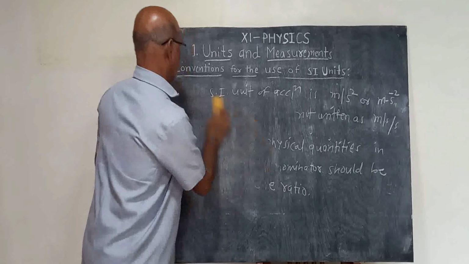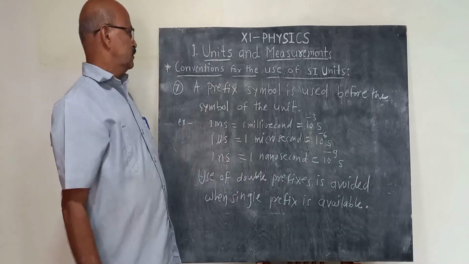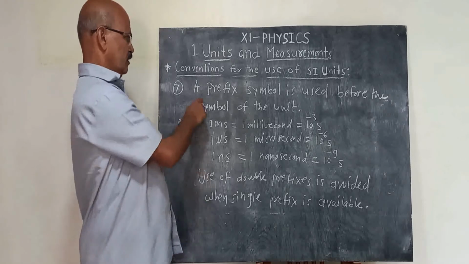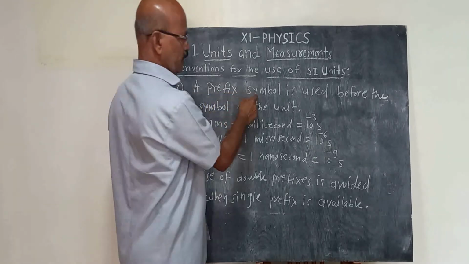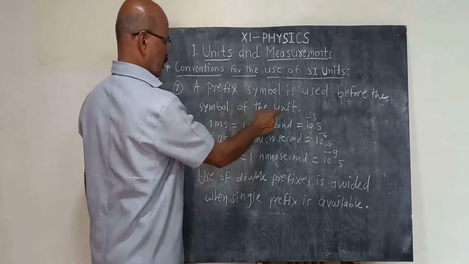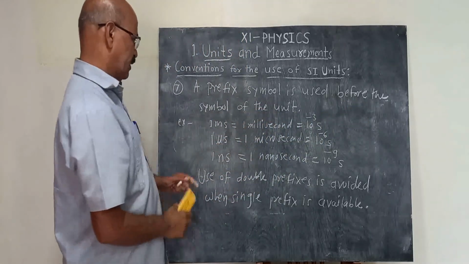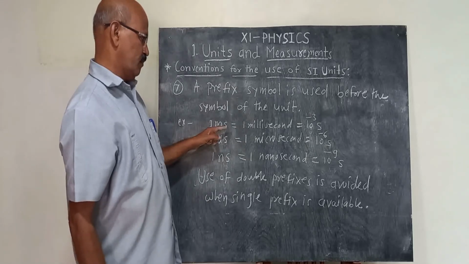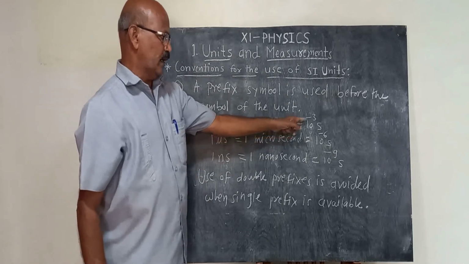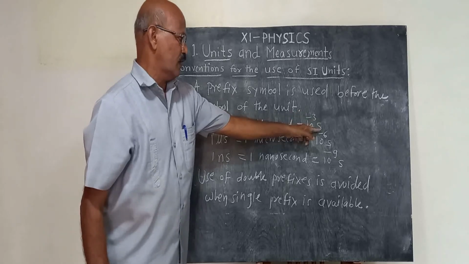Then the seventh convention for the use of SI units is that a prefix symbol is used before the symbol of the unit. For example, 1 ms means 1 millisecond, which is equal to 10 raised to minus 3 second.